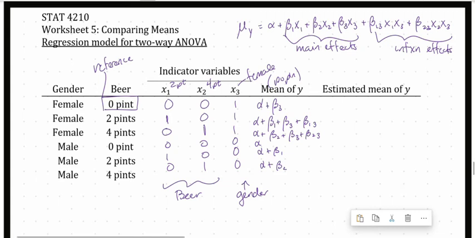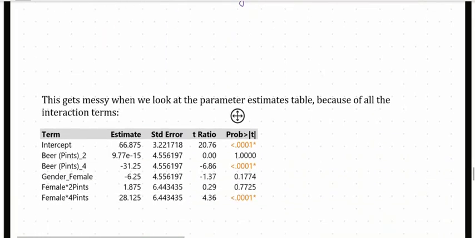Now, to get to our estimated means, it's easier to actually look at our parameter estimates table. When we look at the parameter estimates table, we have a bunch of interaction terms. So here I have my intercept, so this is A. Beer, pints under 2, this is my X1, and this is my B1 term here.